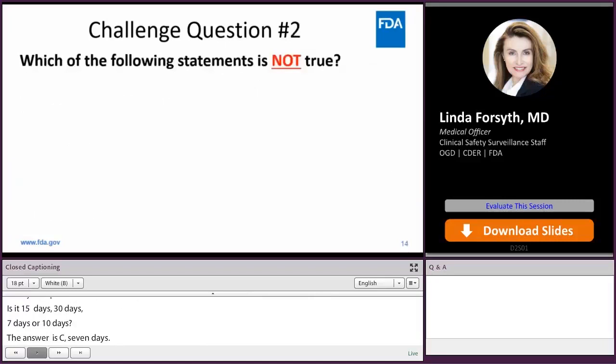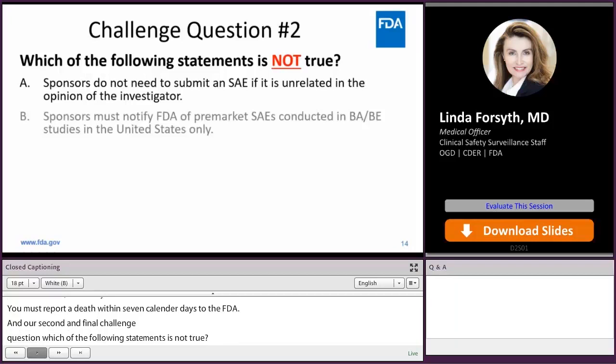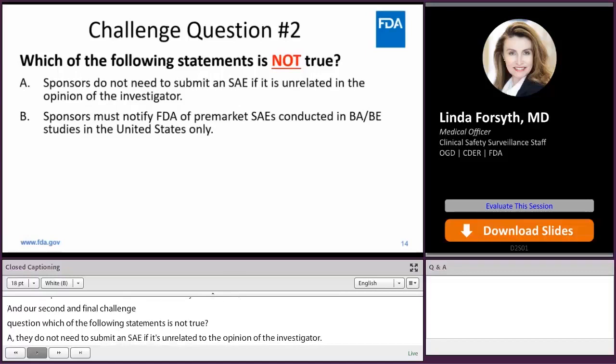And our second and final challenge question, which of the following statements is not true? A, sponsors do not need to submit an SAE if it is unrelated in the opinion of the investigator. B, sponsors must notify FDA of pre-market SAEs conducted in bioequivalence studies in the United States only.